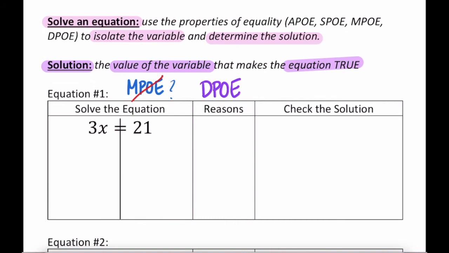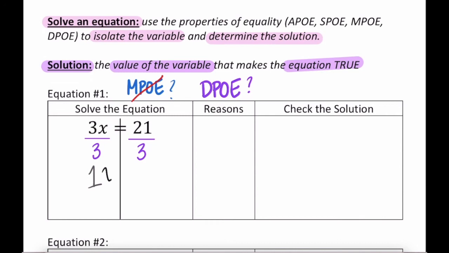That leaves us to try DPOE, dividing. Now again, I notice that x is being multiplied by 3. So I would think, okay, let's go in and try dividing by 3 and just see what happens. Wait a minute, 3 divided by 3, that's just 1, isn't it? Yeah, 3 divided by 3 is 1.